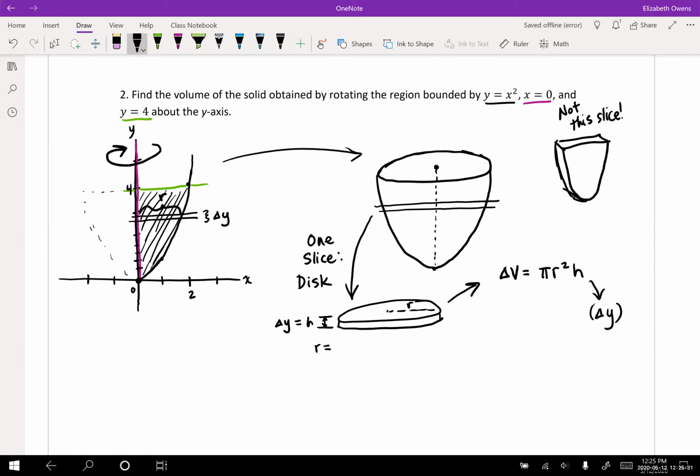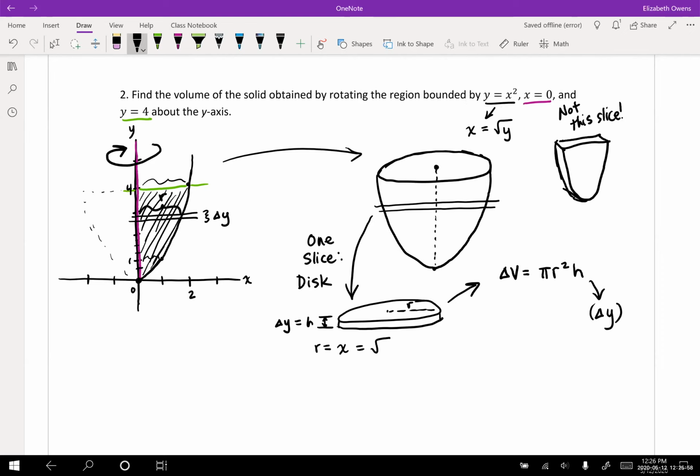When y equals 1, we would have a radius of 1 unit. When y equals 4, we would have a radius of 2 units. So we're determining the radius by the x value, but x is really just the square root of y if we solve for x in our parabola equation right there.